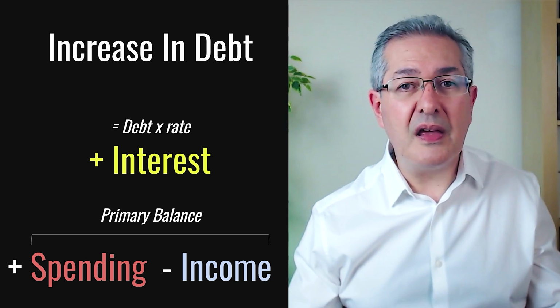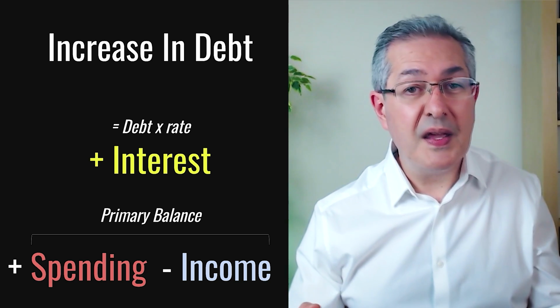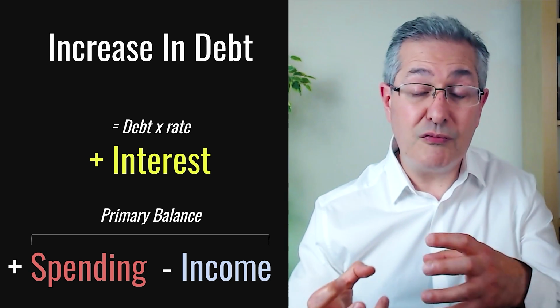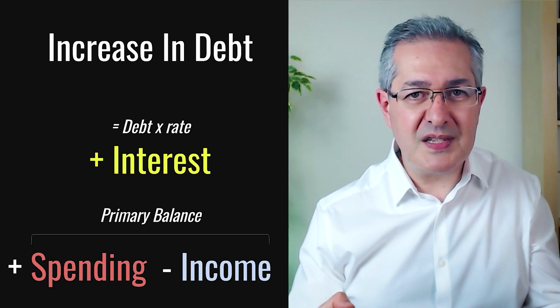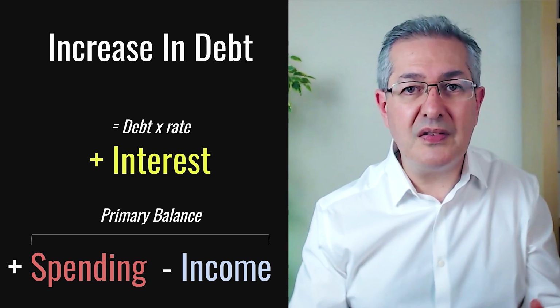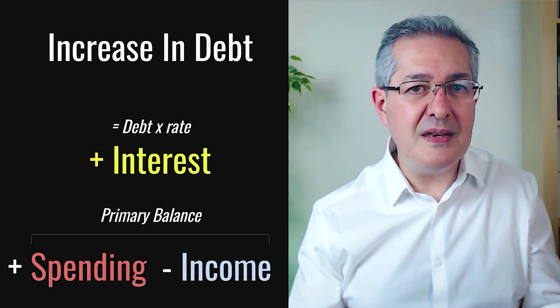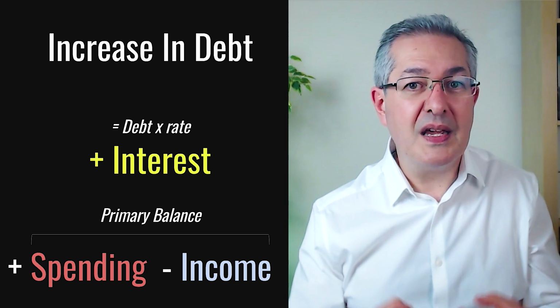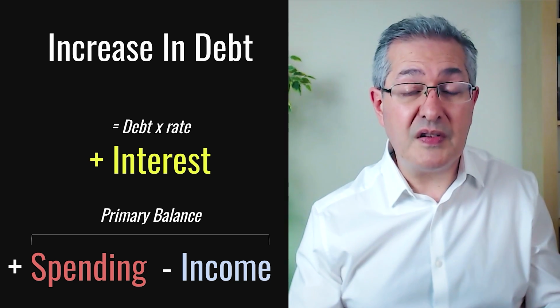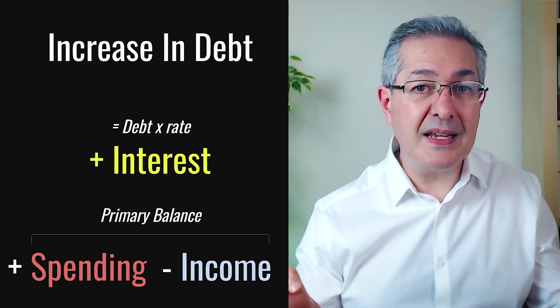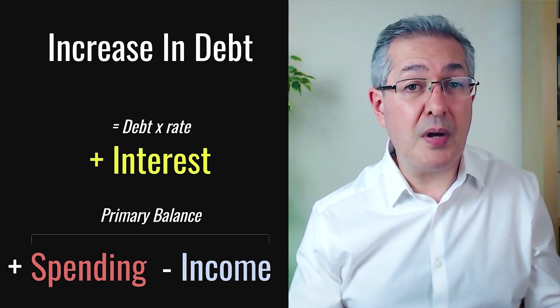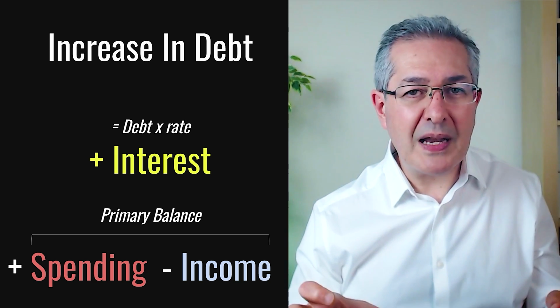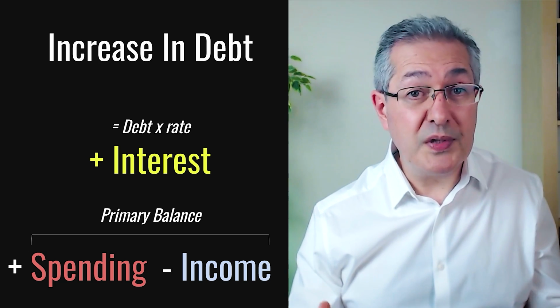The other factor is under the control of the government, and that's the difference between the rate of revenue which the government receives, usually in the form of taxes, minus the amount of spending which the government carries out. That difference, between spending and income for the government, is called the primary balance. If the primary balance is negative, that's called a deficit.